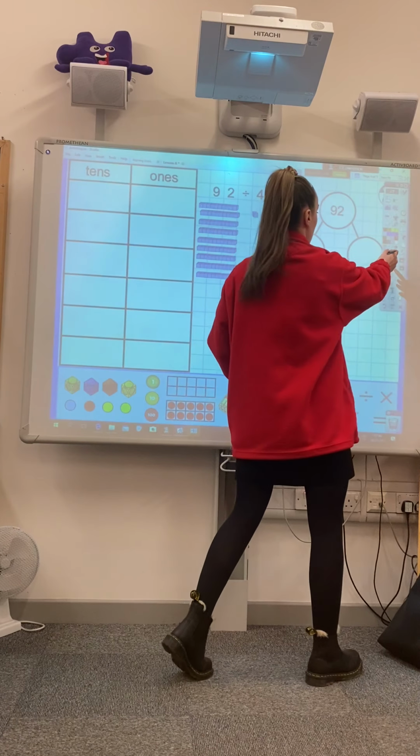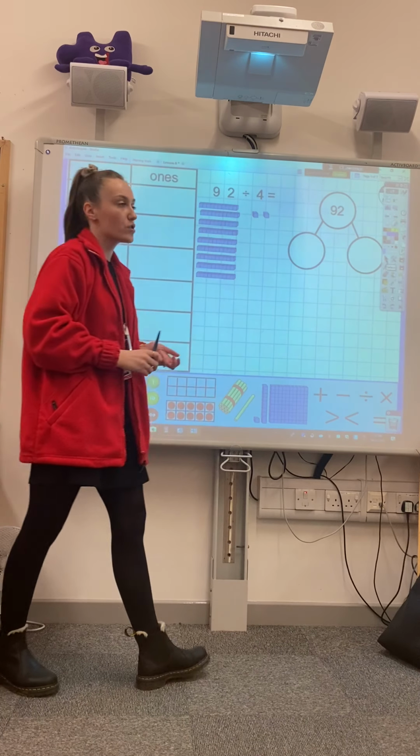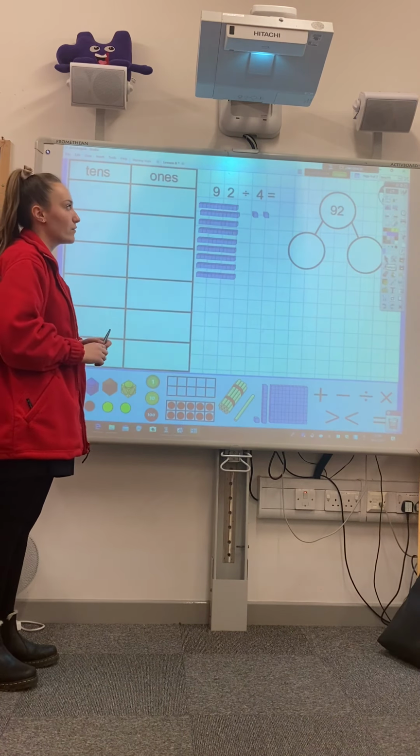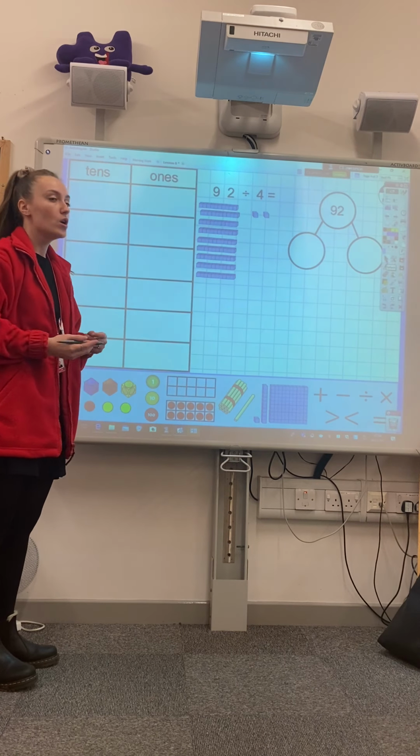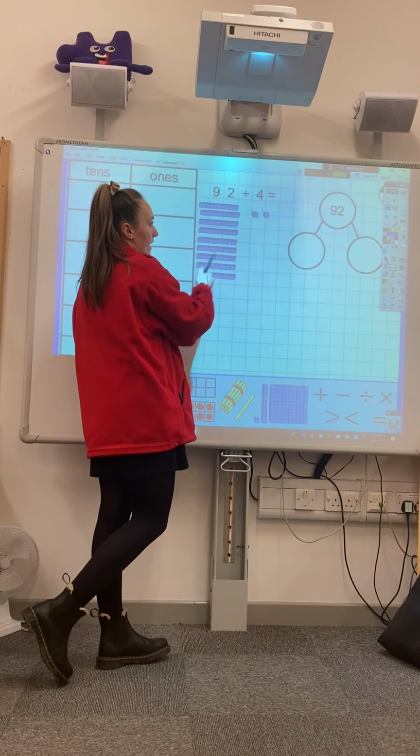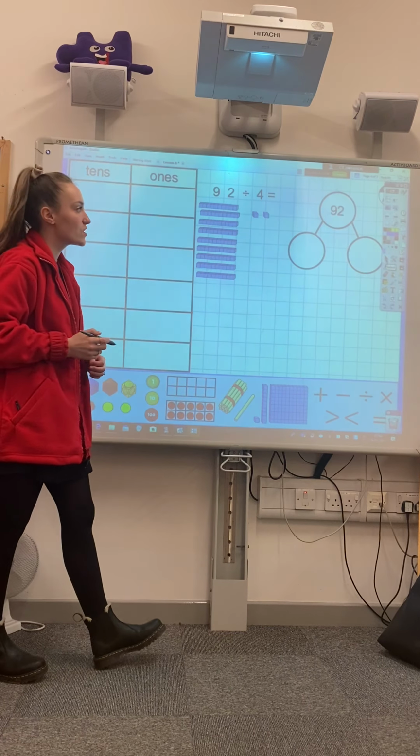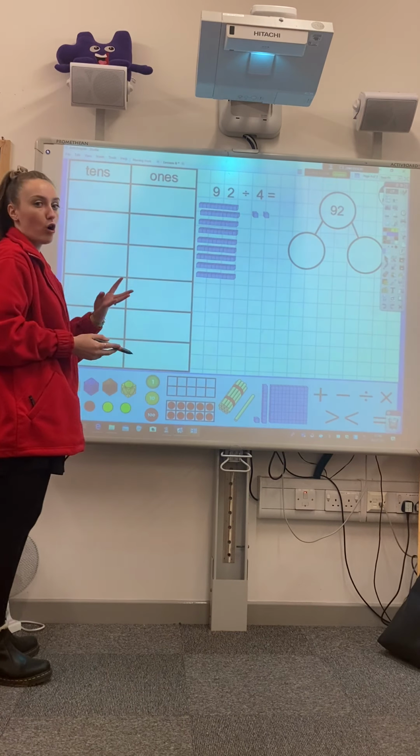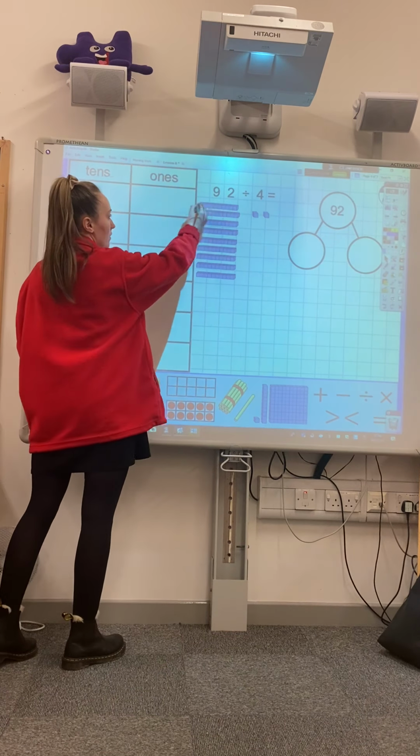Okay, so just a recap of yesterday. I know it was very tricky, but we'll just give a quick recap. We've got 92 divided by 4. So I've got 9 tens down here and 2 ones up here. So I'm going to split my tens into 4 equal groups because I'm dividing by 4.